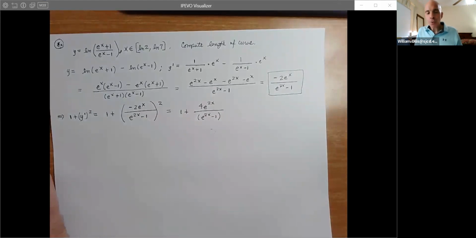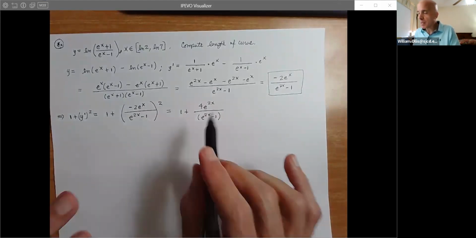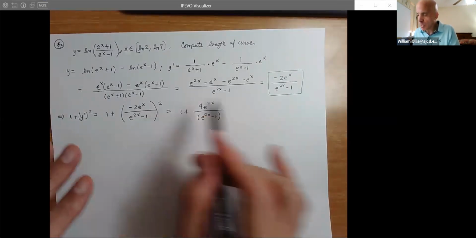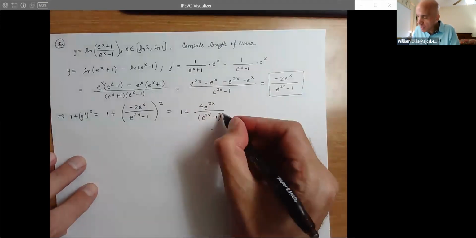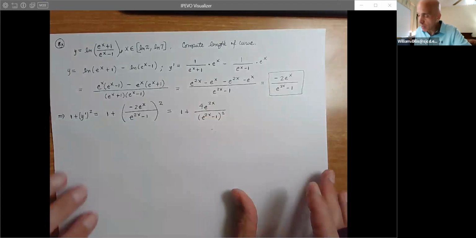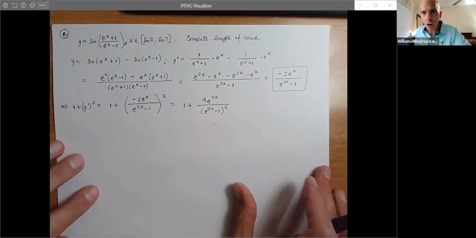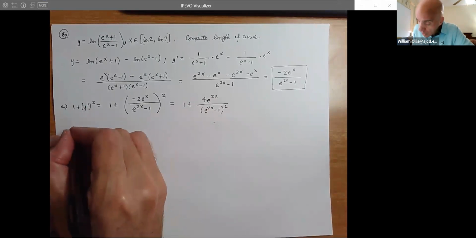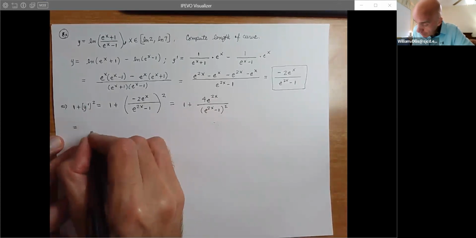Now, if you look at this and you think about, okay, it would really be nice if we could make this a nice perfect square. So at this point, what we want to do, and of course we need to square this, is get a common denominator and see what we can make this into, hopefully something useful that we can actually integrate. So now we'll get a common denominator.